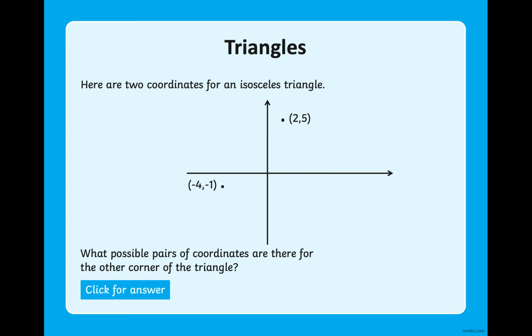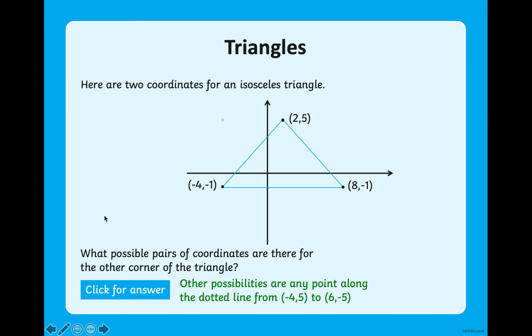Okay. Now let's draw an isosceles triangle. A triangle has 3 points, right? So 3 points in 3 different coordinates. As you can see on the screen, that line is just there to make sure that it's an isosceles triangle.